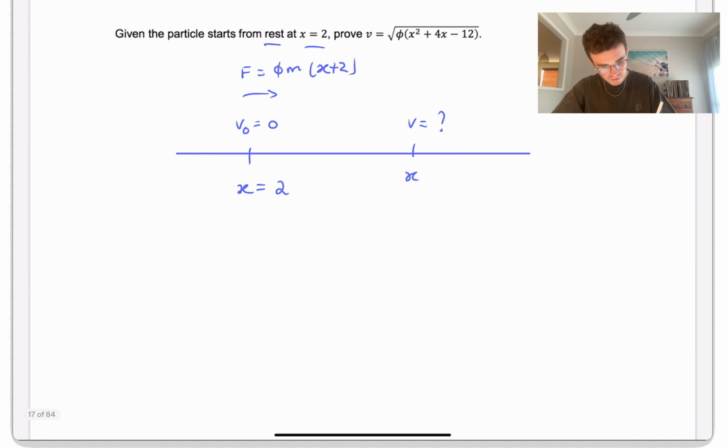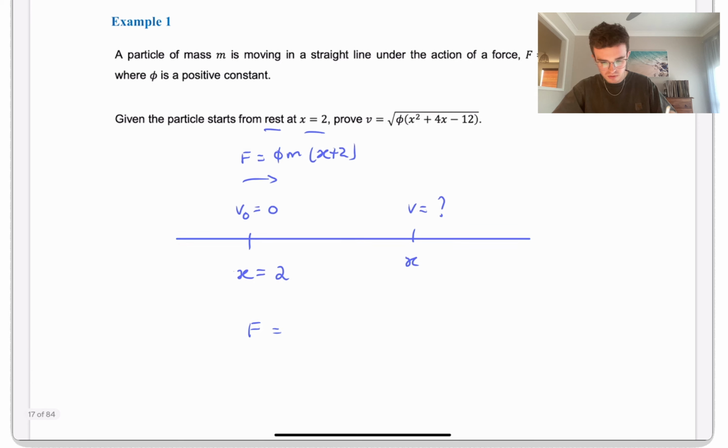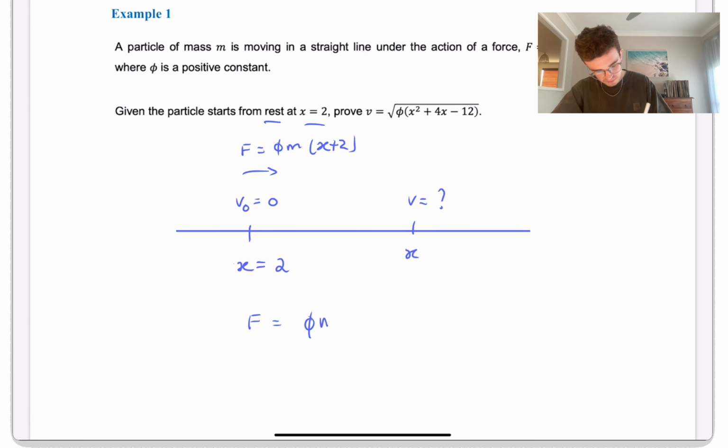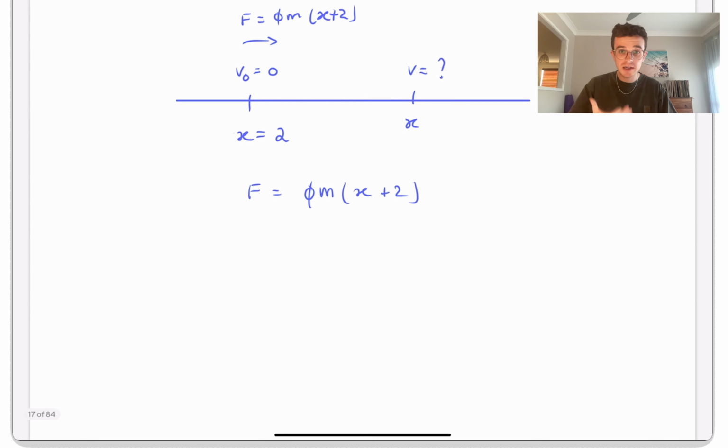Now we know F, the force, is equal to omega m (x plus 2). This is where we're really going to use Newton's laws. If you're stuck, you're going to go back to this. Newton's law tells me that F is equal to ma. But in Extension 2 maths, we don't like to say acceleration, we say x double dot.